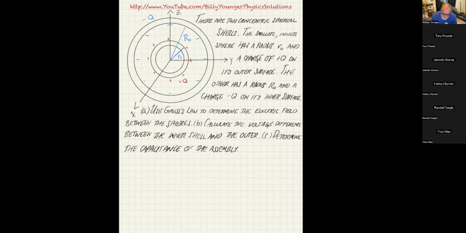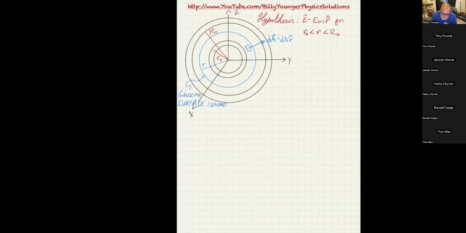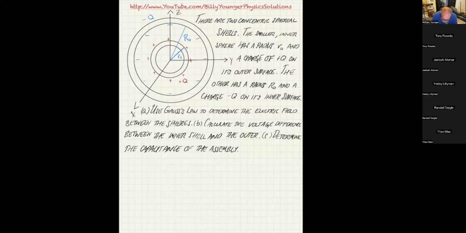So the solution here, which I think I start putting in red, so let's do that. So the solution is going to require Gauss's law, the closed integral of E dot dA is equal to Q enclosed over epsilon naught.